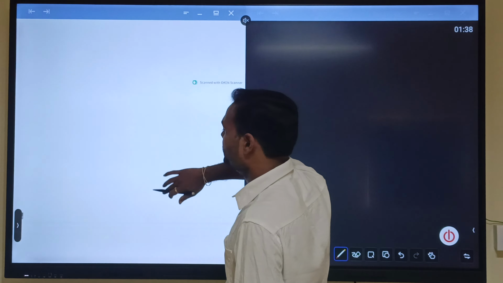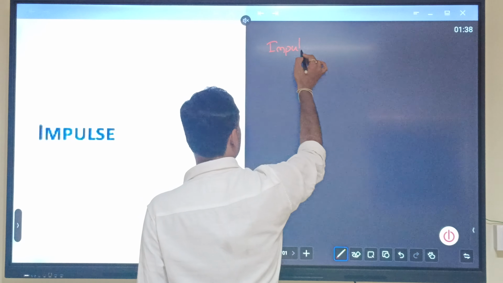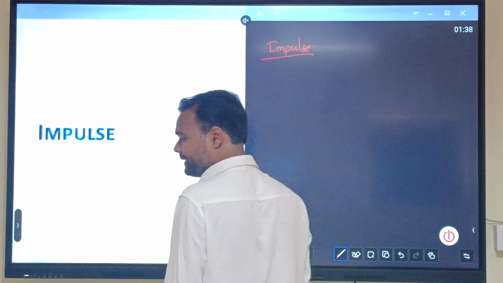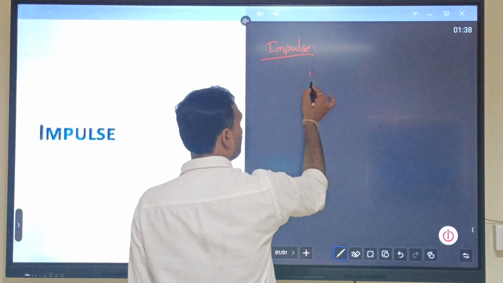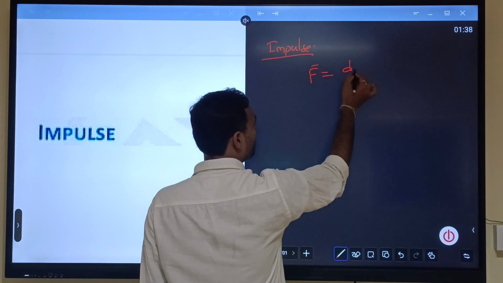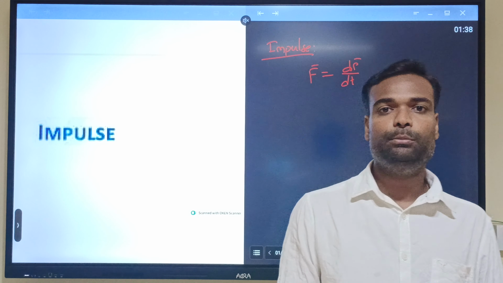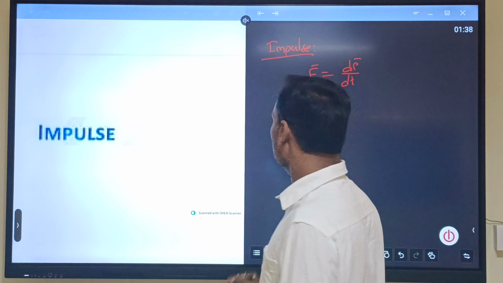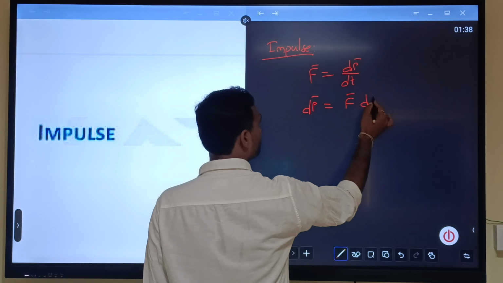Next concept, impulse. What is impulse? Before we see impulse, we know that force is equal to dp by dt, that is change in momentum per unit time. Now this change in momentum is equal to force into dt.